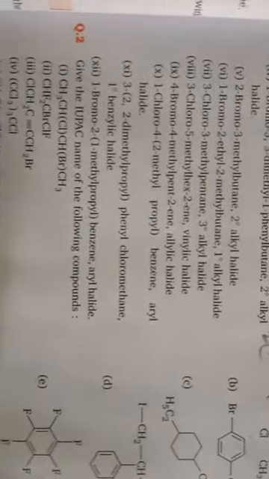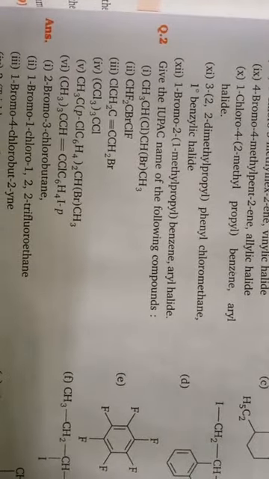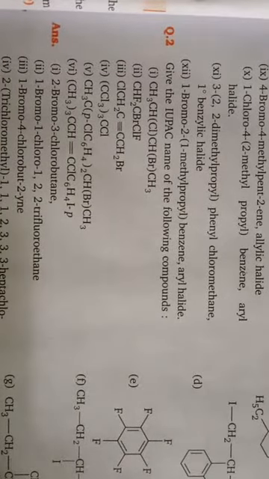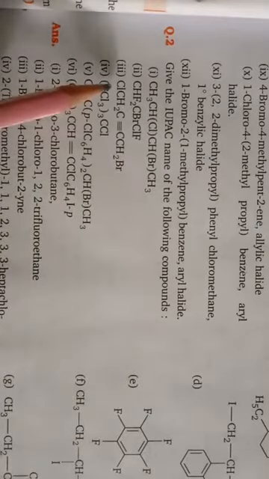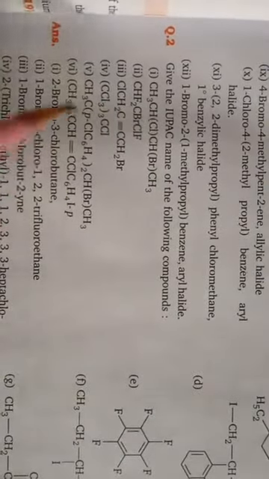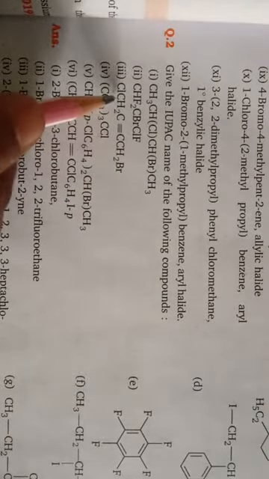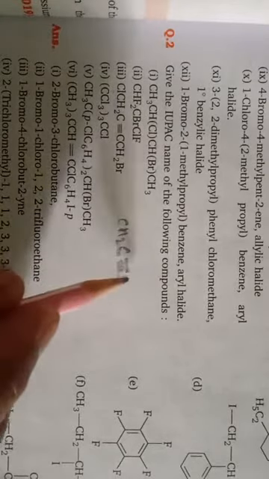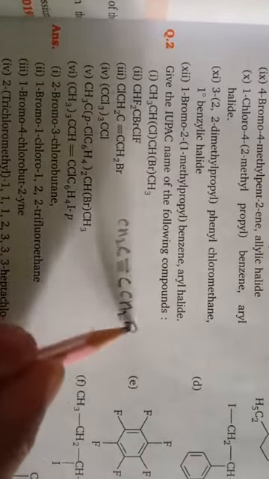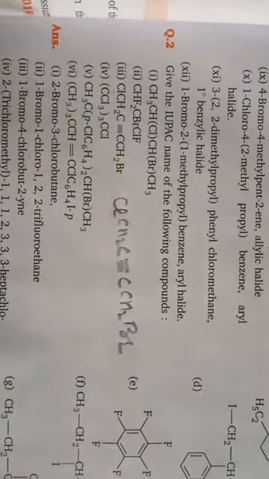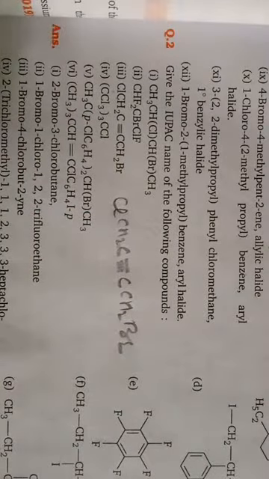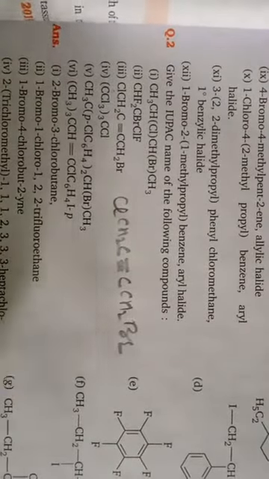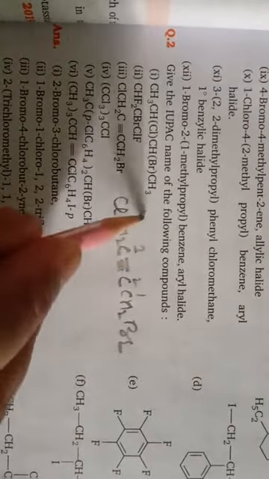The next question is, give the IUPAC name of the following compounds. Again, to write down the IUPAC name, you have to write the structure of the compound first. For example, this third question has a chain of 1 2 3 4 carbon: CH2, C triple bond C, CH2, Br, and the first carbon with Cl. So we will start numbering 1 2 3 4.